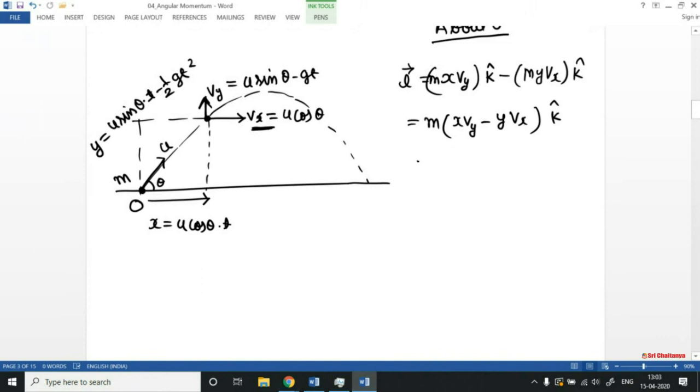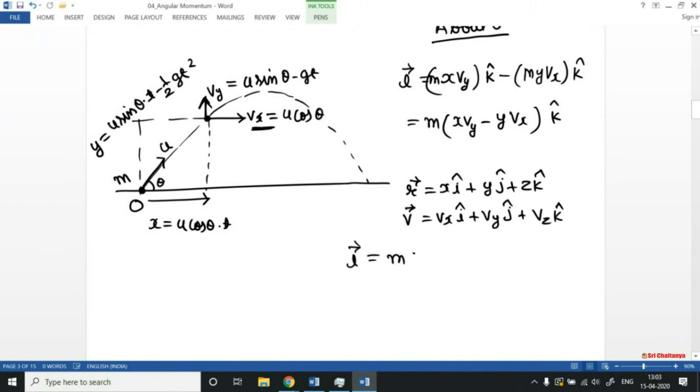Angular momentum formula in component form. For example, if we have the position vector as x i cap plus y j cap plus z k cap, and its velocity is, let's say, Vx i cap plus Vy j cap plus Vz k cap, then angular momentum L, which is defined as m r cross v, can be written in determinant form as m into the determinant of i cap, j cap, k cap; x, y, z; Vx, Vy, Vz.